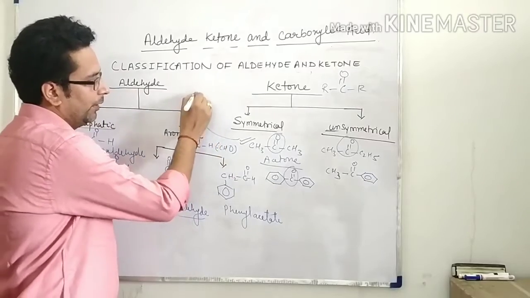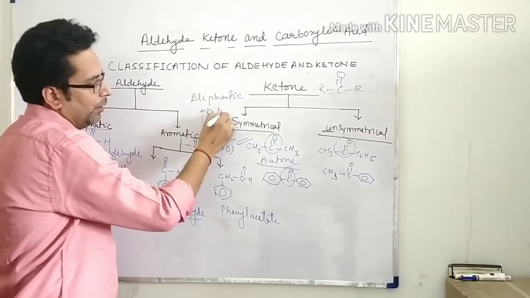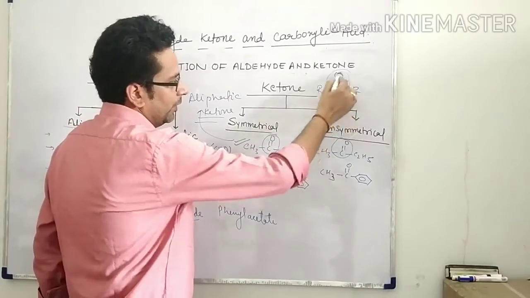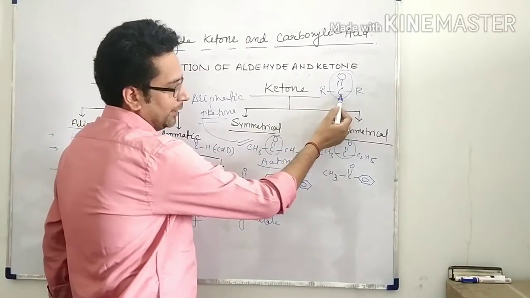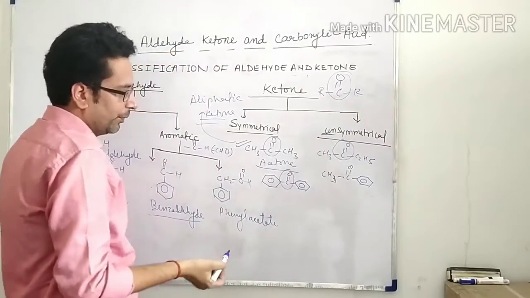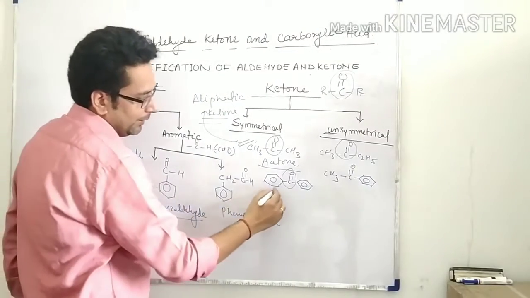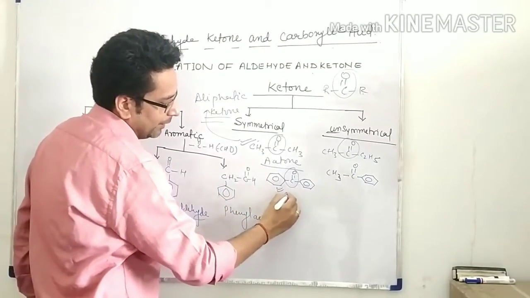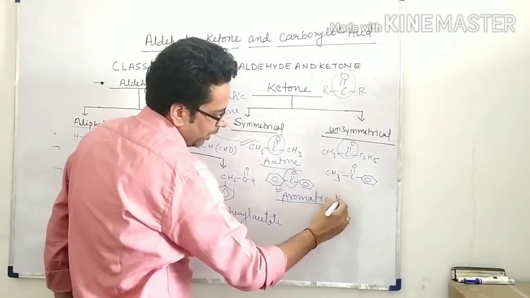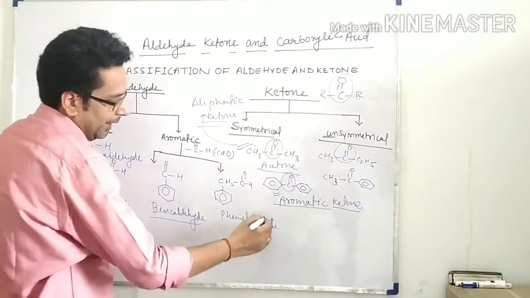When this carbon is attached with two carbon atoms, it is known as the ketonic group. So these are examples of aliphatic ketone, and these are examples of aromatic ketone.